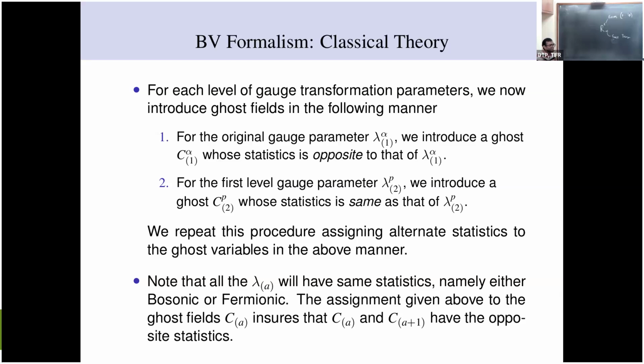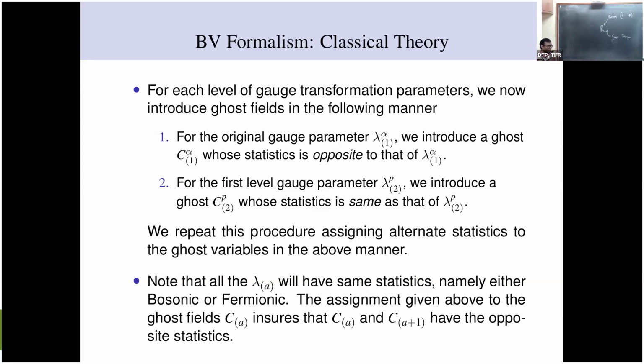Sorry, I thought in the form field action that you write for string theory, the second level thing was actually a first level for some other form field. Like this gauge parameter is going to be a gauge parameter plus B or something. Yeah, exactly. First level, second level: the 0th level is your original one, say lambda.